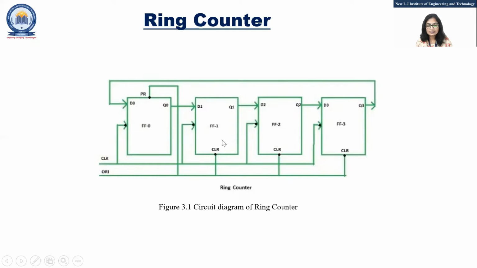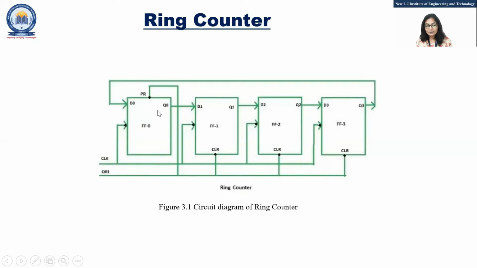Suppose this signal is 0, means internally there is an inverter, means it will become 1. So irrespective of any inputs, this clear is 1, then what will happen? It will be clear. This flip-flop will clear. So first time we will give this overriding signal here, this PR preset signal to first flip-flop, and to remaining 3 flip-flops we will give clear signal.